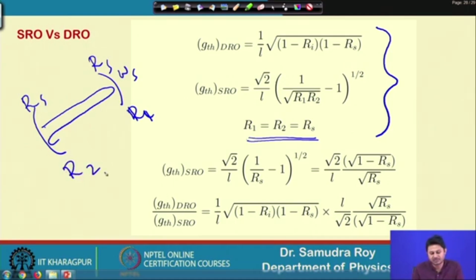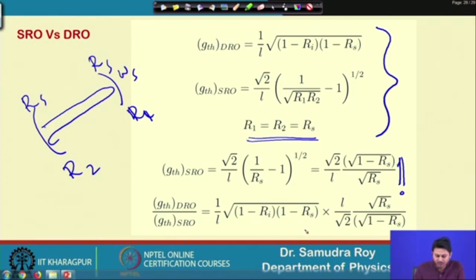Now I just change them, because these two are very close to each other and the same as RS. Then this expression becomes root of 2 over L times (1 divided by RS minus 1), or root of 2 divided by L times root of (1 minus RS) over root of RS. Once we have this simpler expression, we are in a position to make a ratio of g threshold DRO and g threshold SRO.